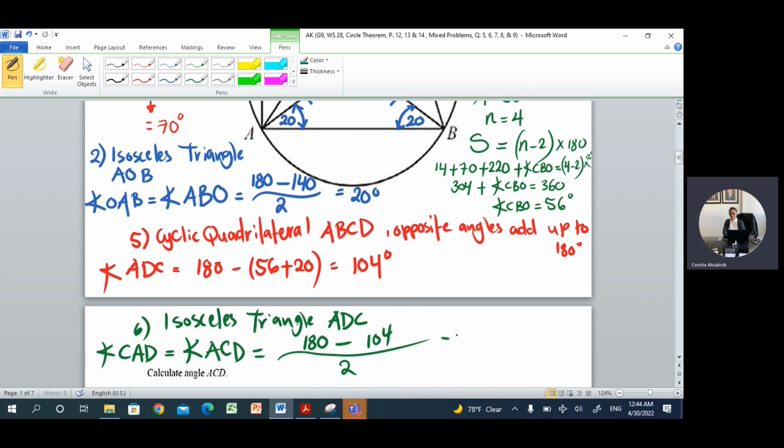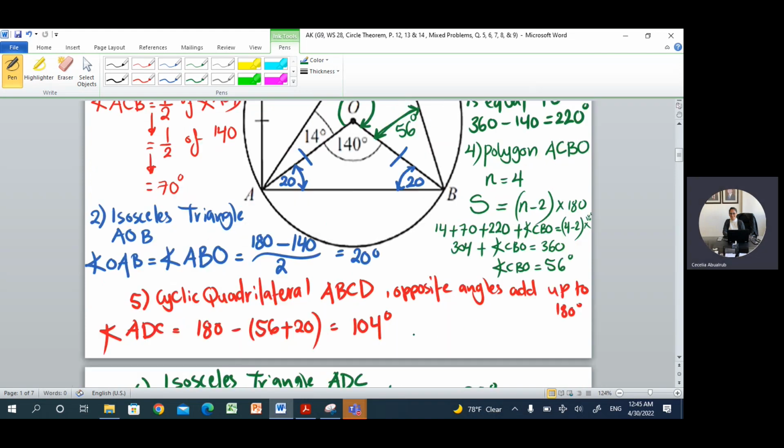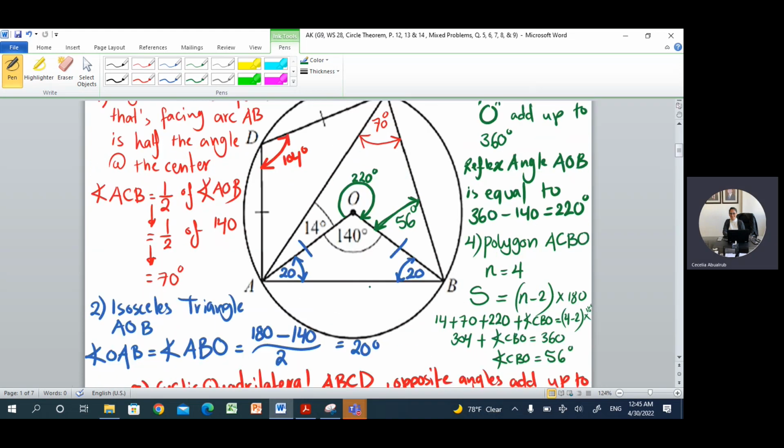So the answer will be 38 degrees. So this angle here is 38. And this angle here is 38 as well.